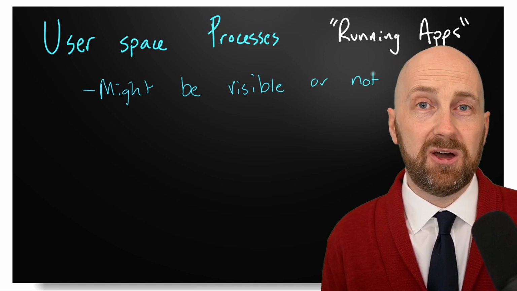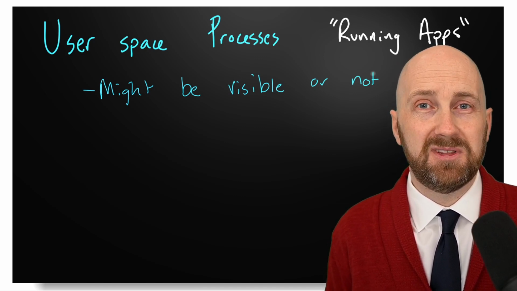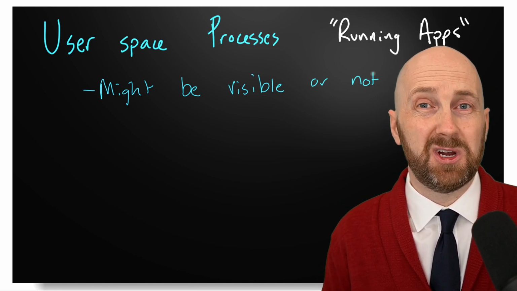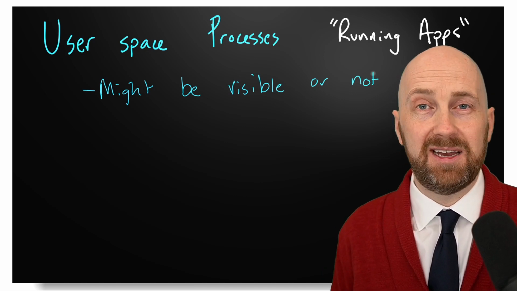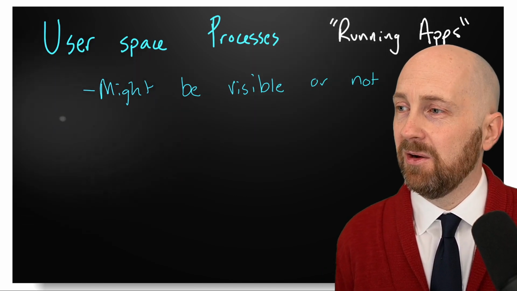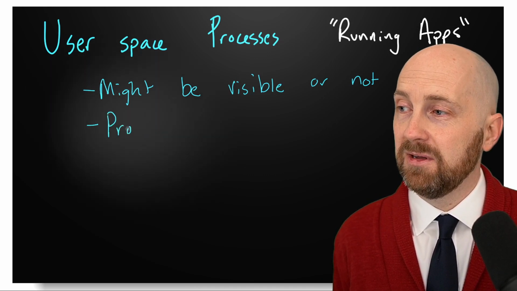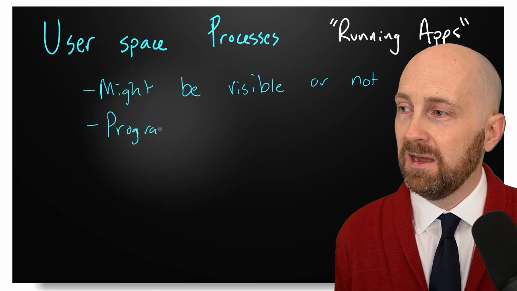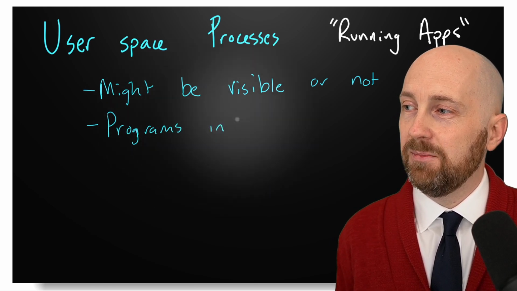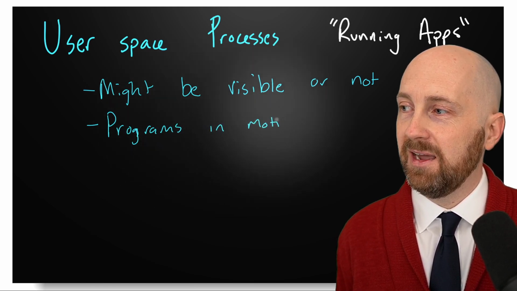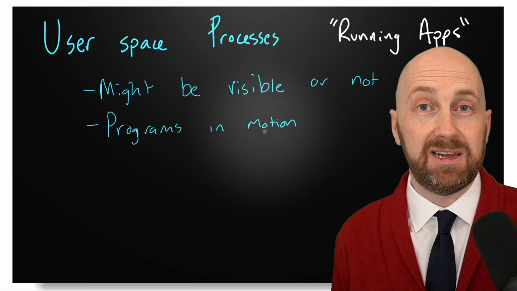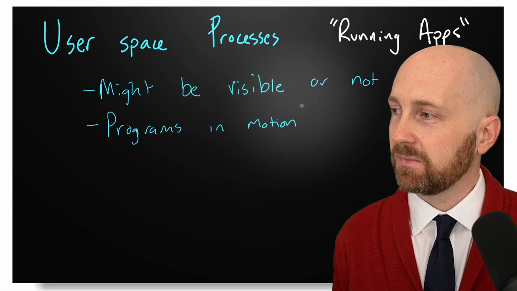When you switch out of applications or minimize them, you know that they're keeping track of where they were so that you can come back to them later. We think of that idea as state. So processes are programs in motion. And what I mean by in motion is that they're running. They are actively being evaluated on your machine.